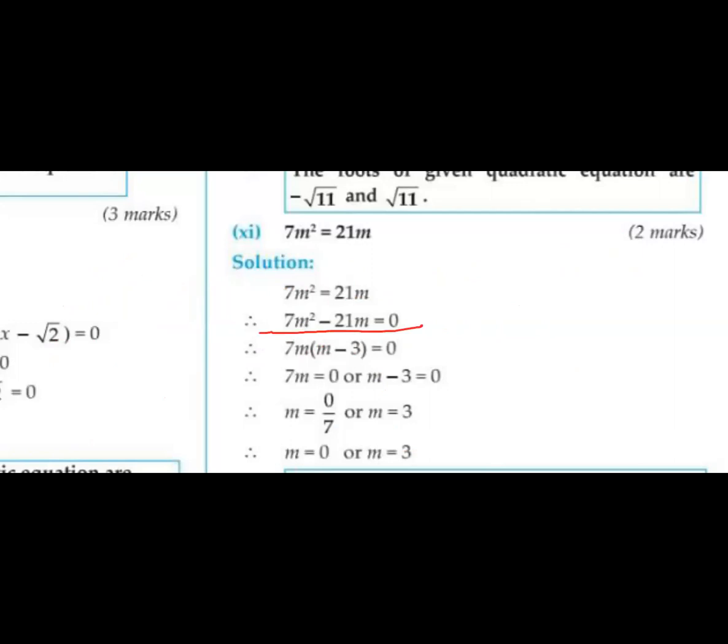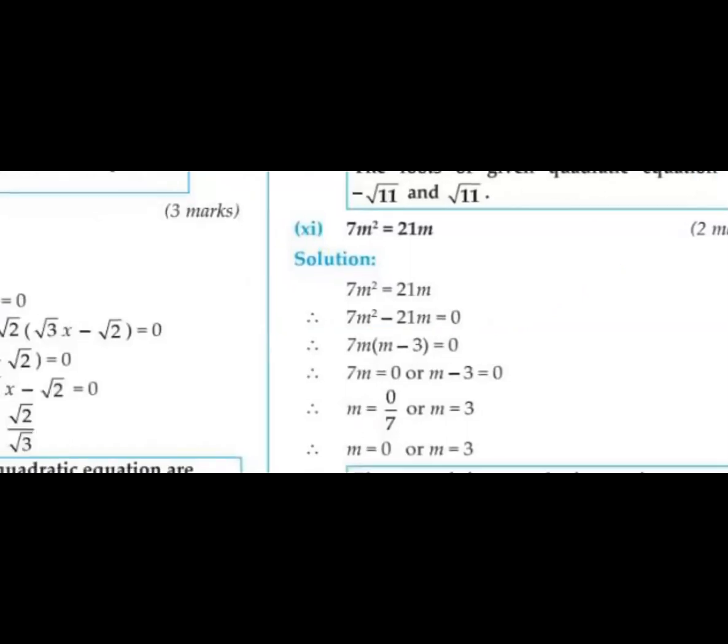So in a simple way, in this line there is no step other than taking a common. There is no formula. Only one chance, we can take something common. So 7m is common. 7 ones are 7, 7 threes are 21.